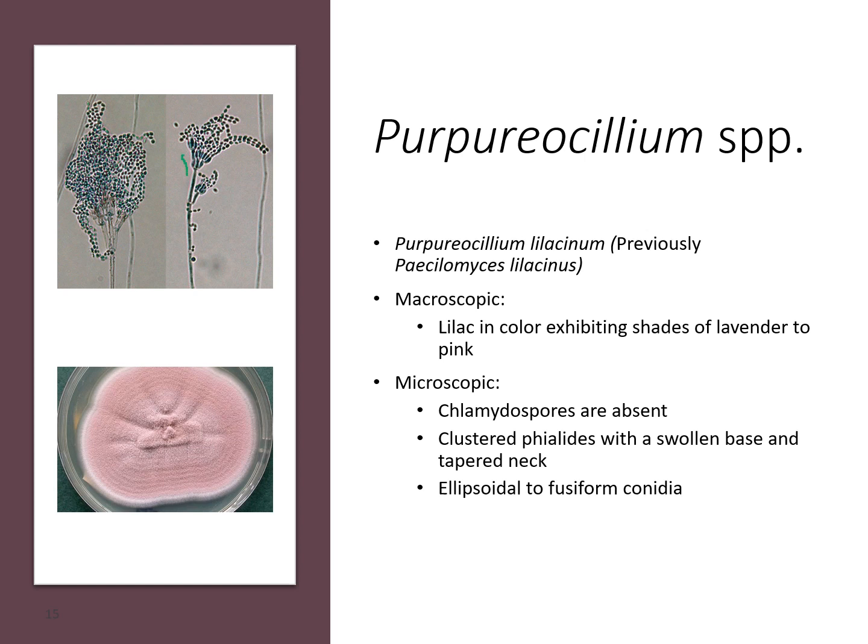So you can see those where they're swollen at the bottom and then they taper up. With these though, the difference between this one and the last organism is that these conidia are a little bit more elongated versus that round conidia.